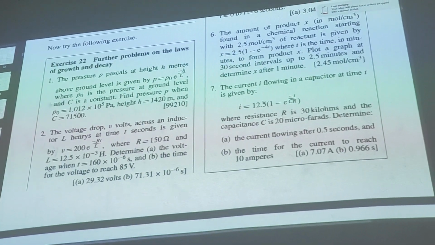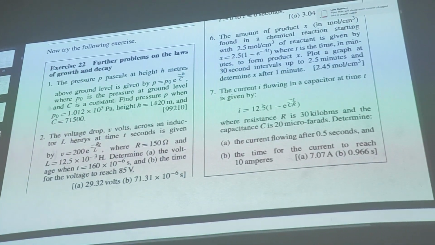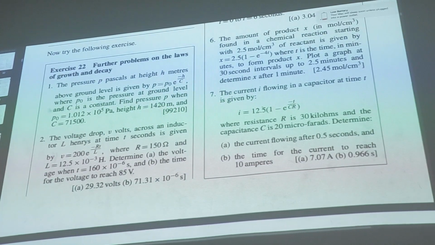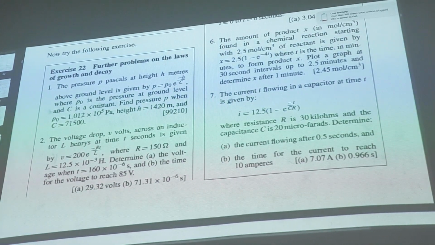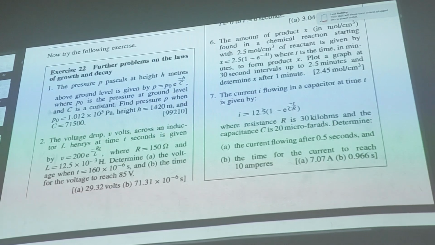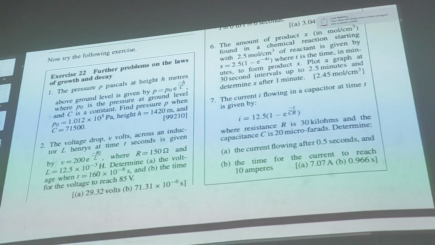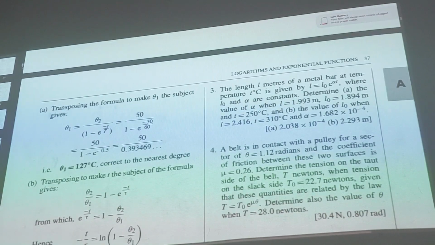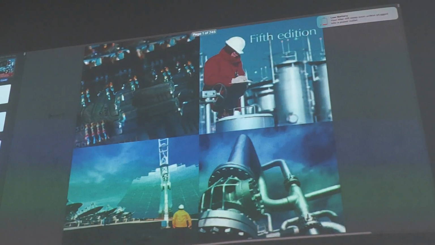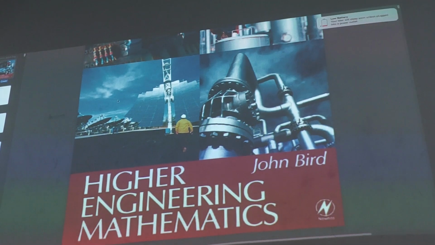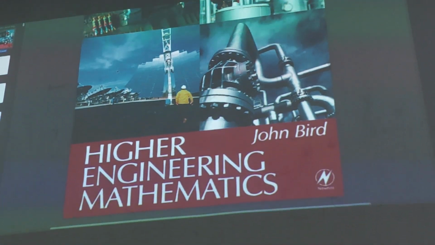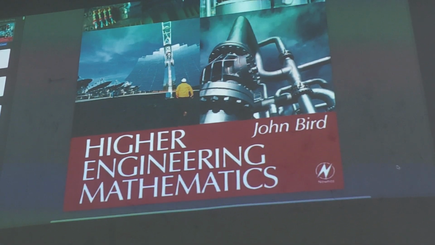I think this is a good book. I have the book. Then I will give you this mathematics book. The title of this book is Higher Engineering Mathematics by John Bird.